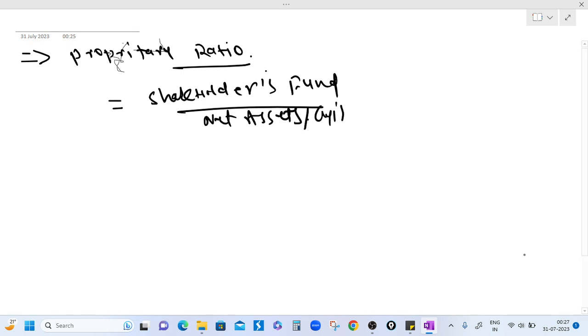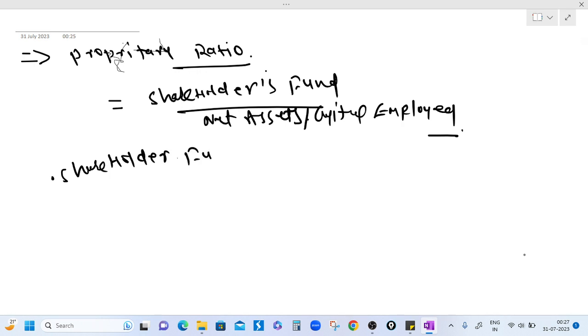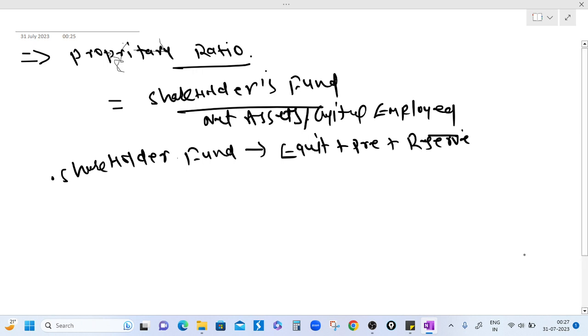Capital employed. As we discussed last time, shareholder fund means equity share capital, preference share capital, reserve and surplus, which include retained earnings as well.